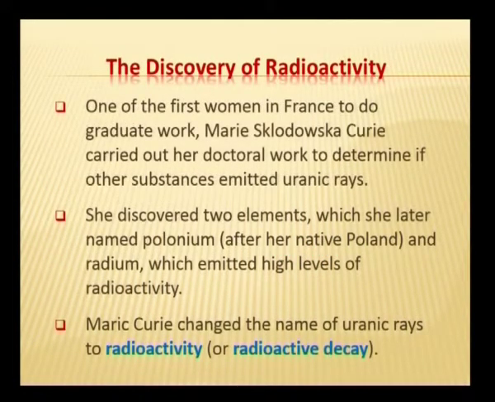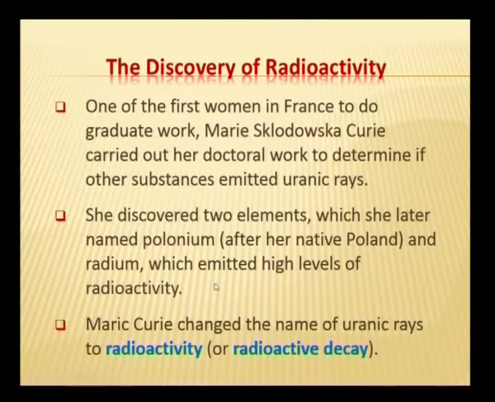The first woman in France to do graduate work, Marie Curie, carried out her doctoral work to determine if other substances emitted uranic rays. Like whatever Becquerel found from uranium, she tried to find whether other substances also emit such kinds of radiation.